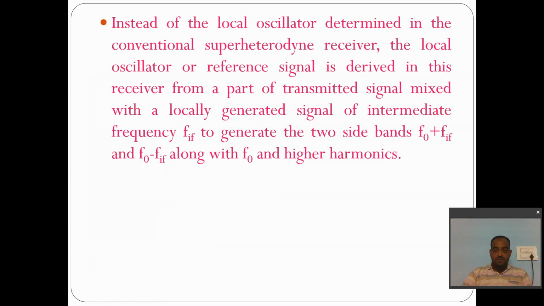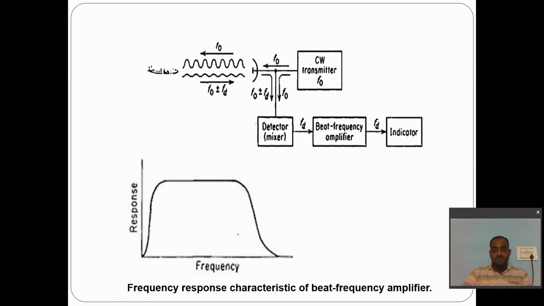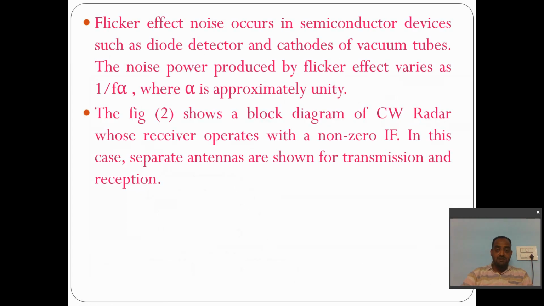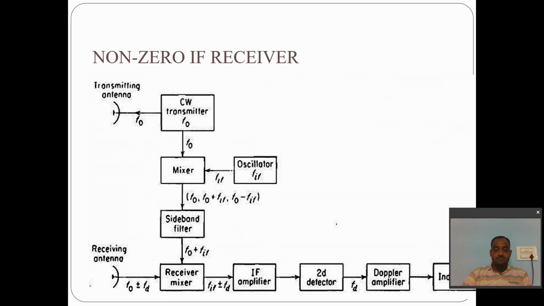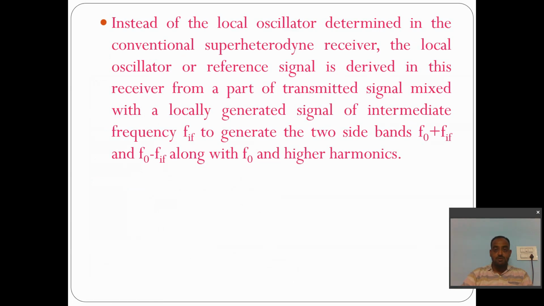In the first case also, instead of a local oscillator, we use the leakage signal from the transmitter as the local oscillator signal, which is an advantage. These concepts are simply called superheterodyne concepts and superheterodyne receivers.